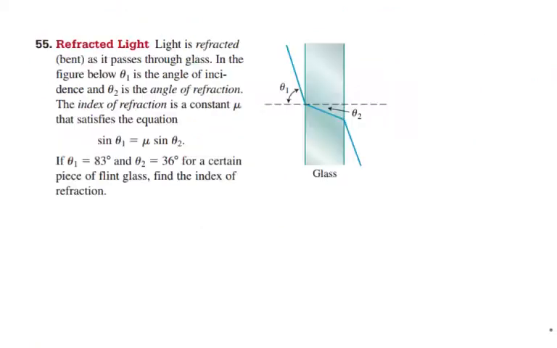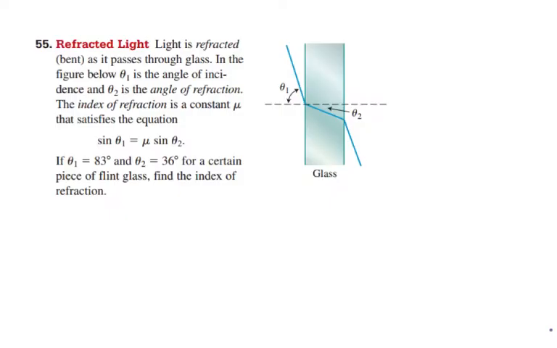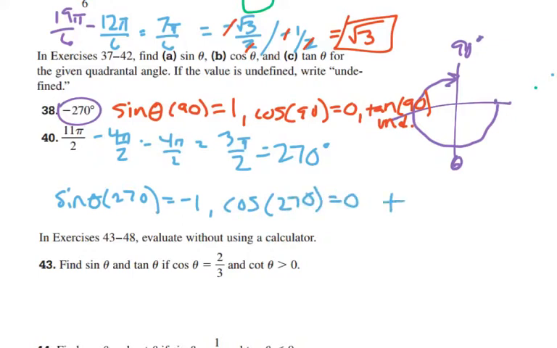And so we just need to think of this point down here, and what its sine and cosine are. And this is cosine and this is sine, so we can put those in already. So sine of 270 is negative 1, cosine of 270 is 0, and then tangent is sine over cosine, and so again, since cosine is 0, this is going to be undefined.